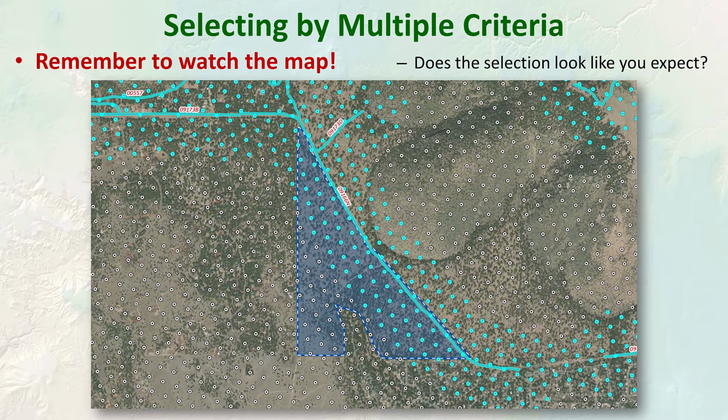Obviously, I've done something wrong since so many points outside the polygon are selected. And I'll tell you what I probably did wrong was I didn't change my selection type. I should have used the select from the currently selected features, but instead I probably made a brand new selection. And you will do this, trust me. So take advantage of the fact that you're working in a GIS. You have maps immediately available after you make your selections.